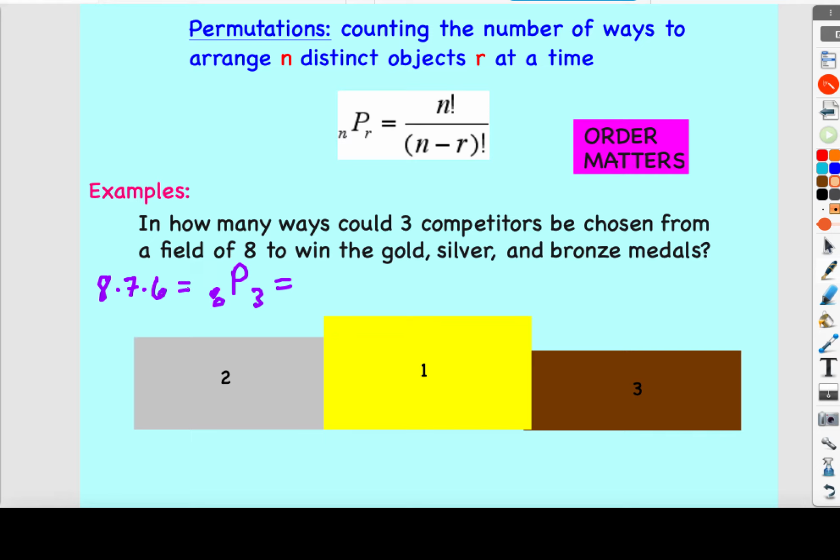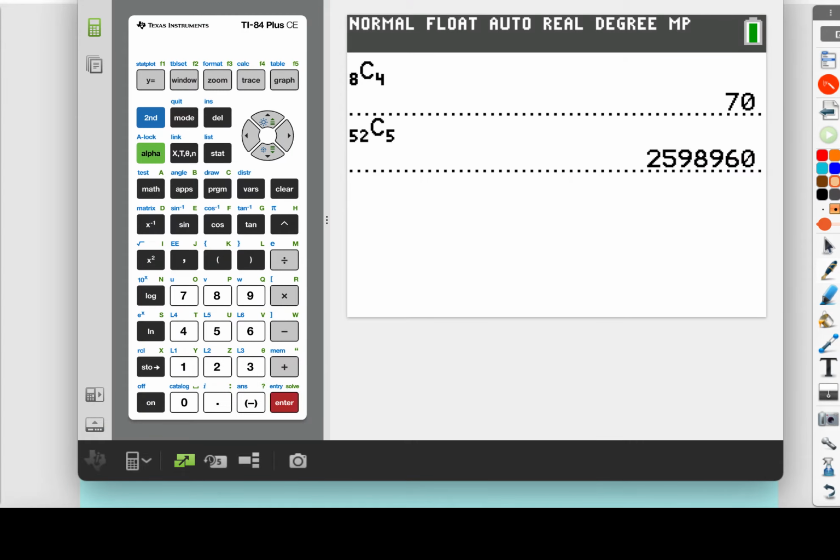So the way this permutation works is we say 8 factorial divided by 8 minus 3, so we're just doing that subtraction. Notice we don't have the other 3 factorial on the bottom. So it very simply came out to 8, 7, 6, 5 factorial over 5 factorial, which means those cancel. And we just get 8 times 7 times 6. Or we could hop onto our calculator.